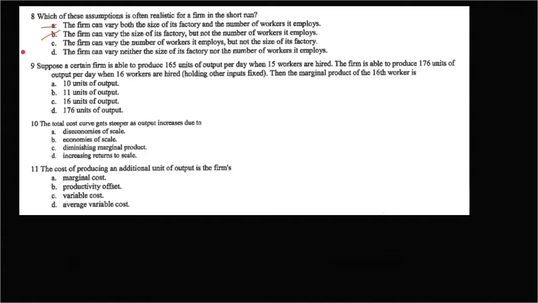And A, by definition, is also wrong because you cannot vary the size of the factory in the short run. And D is wrong because you can change the number of workers, since you can quickly hire somebody, but in the long run, whatever that might be, a week, is being able to move your factory or exit the market.